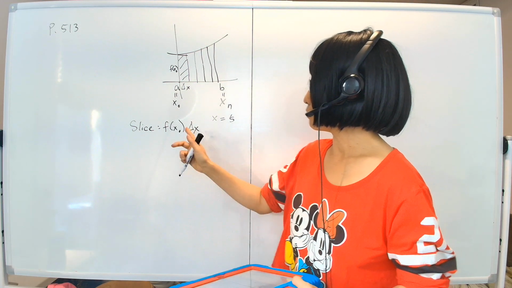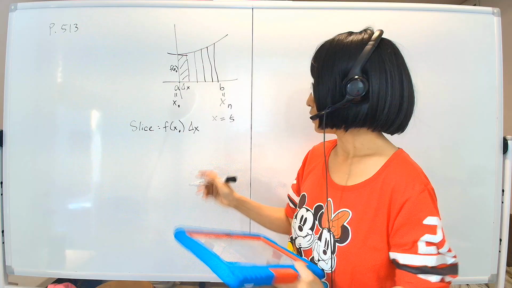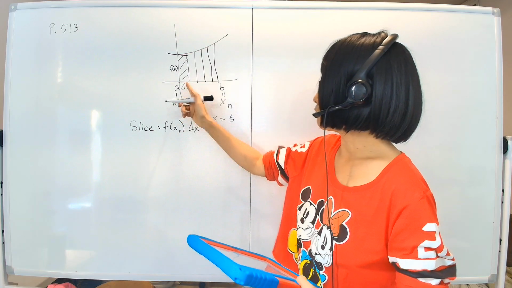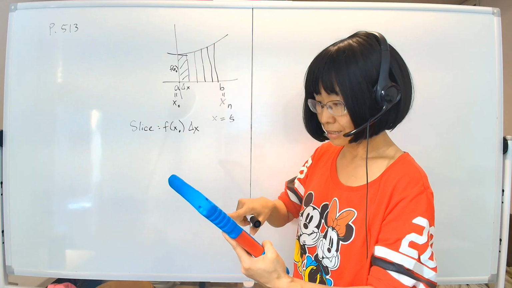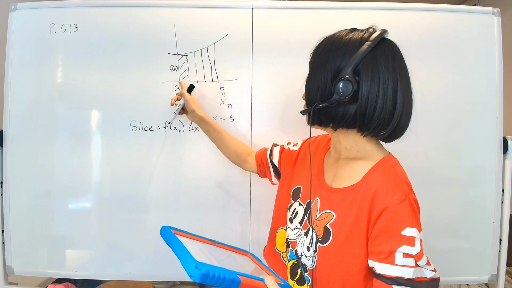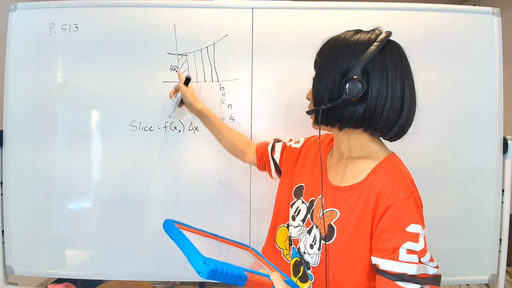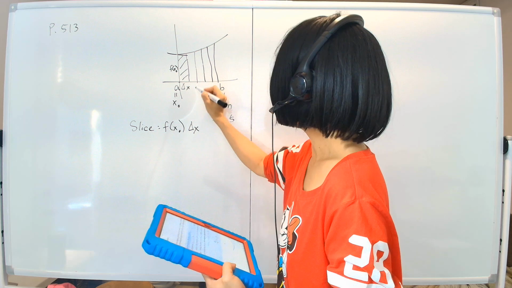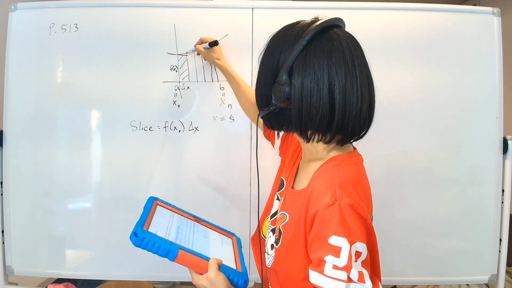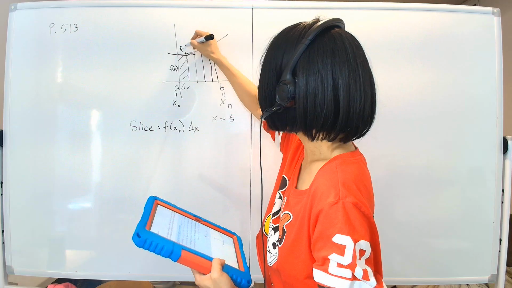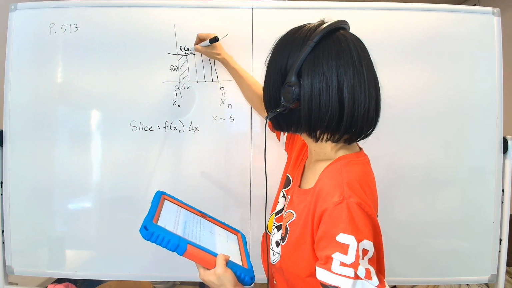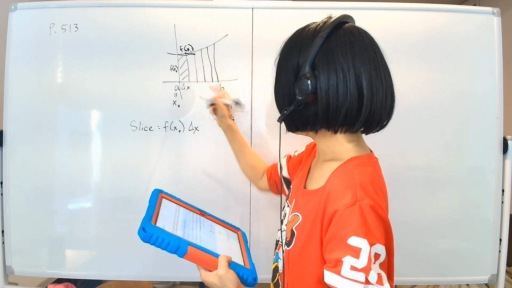And once we calculate the first slice, that's why it's called the left-hand endpoint approximation. We're calculating on this point, and then multiplying, and we continue doing so. The next slice we will calculate this one, that's f of x1, and do the same thing.